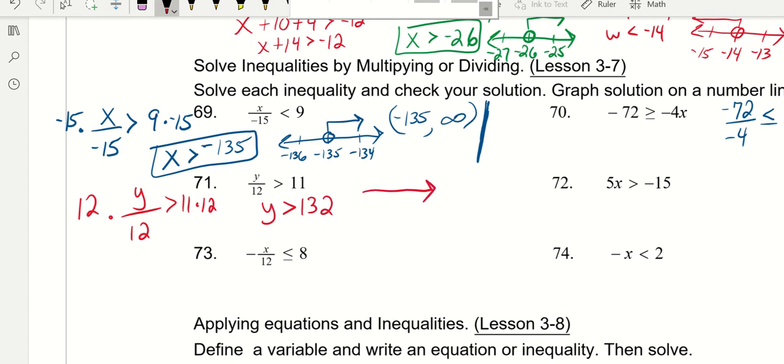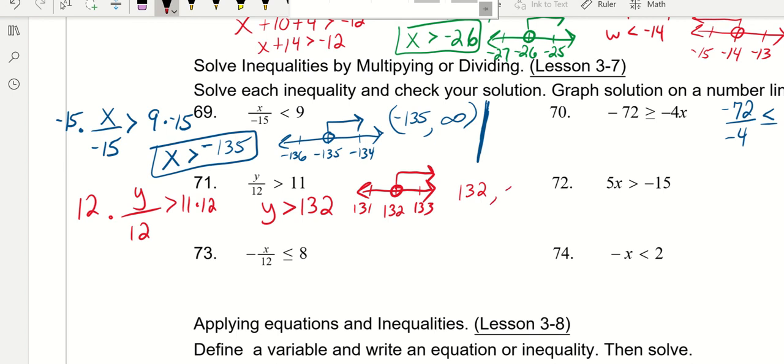Number line. Here's 132, 133, 131. Open or closed circle at 132? Open circle. Y is greater than 132, so we shade to the right. Okay, 132 is at the high end or low end? That's the low end. So 132.